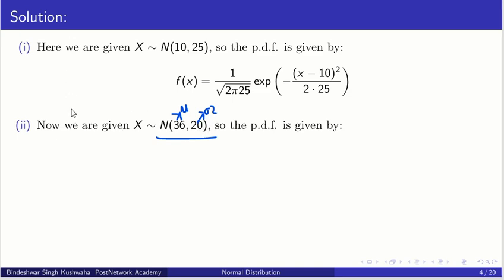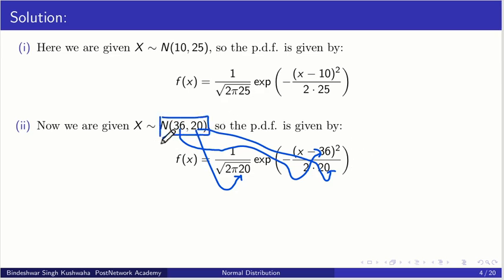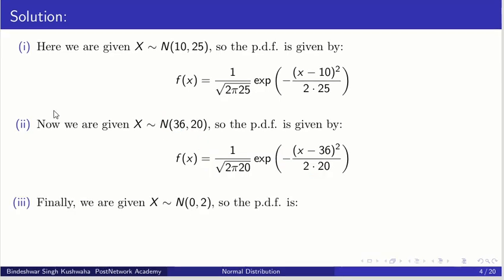Again we will use the PDF of the normal distribution and just plug in: mean is 36, variance is 20, and we find the PDF of the normal distribution having these two parameters. Finally, we are given x in which mean is 0 and variance is 2.